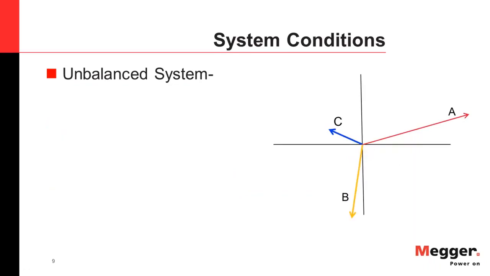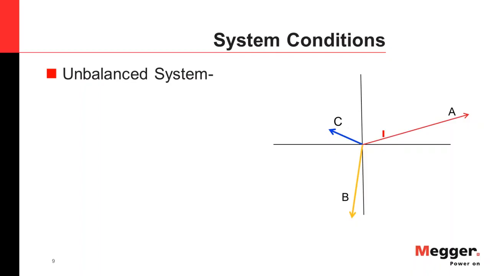Now let's talk about an unbalanced system. You can clearly see in the picture on the right that all the magnitudes are different, and all the phase angles are different for voltage and current. It is pretty hard for an analysis expert to study the whole power system in this unbalanced scenario, because you cannot reduce it to the right kind of fault, things like that.